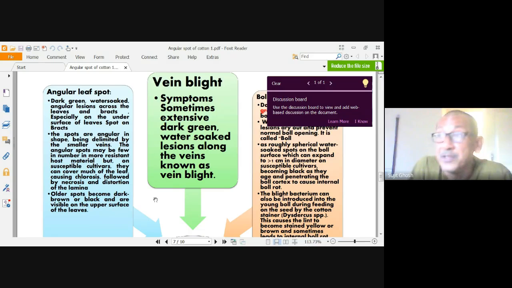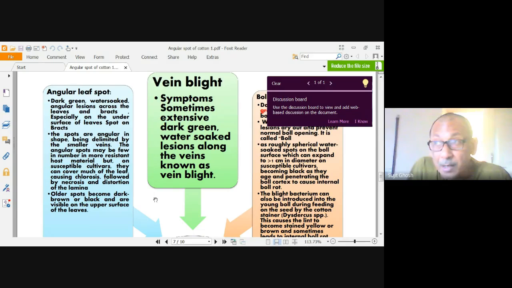It generally targets the under surface of the leaf, meaning lower leaves are affected more, and these spots are angular and bounded by the veins.